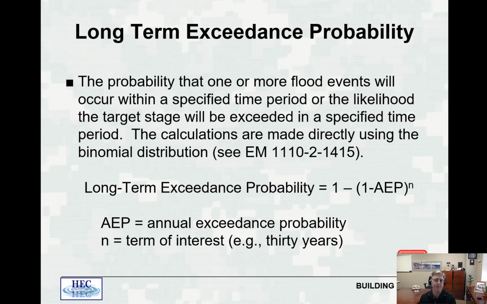So the long-term exceedance probability is equal to 1 minus the annual exceedance probability, which you calculated earlier, to the nth power. And the nth power is a term of interest, that is the 10 years, the 30 years, or the 50 years. So again, once you know your annual exceedance probability, very easy to compute your conditional non-exceedance probability, very easy to compute your long-term exceedance probability as well.